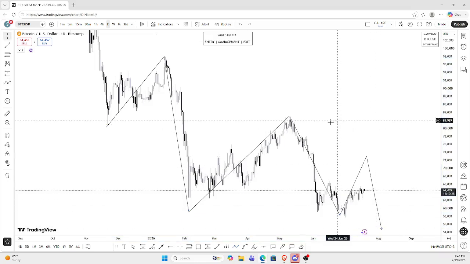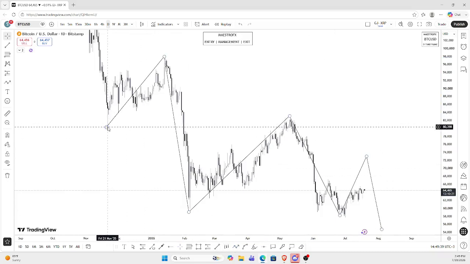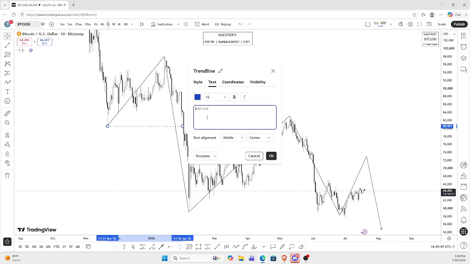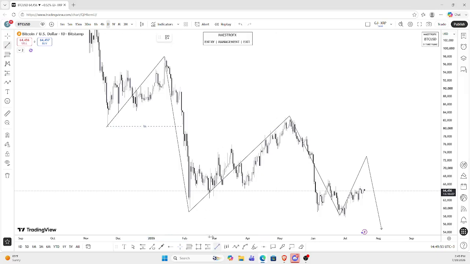Okay, clearly you can see that the daily time frame is very bearish, printing a series of lower lows and lower highs.